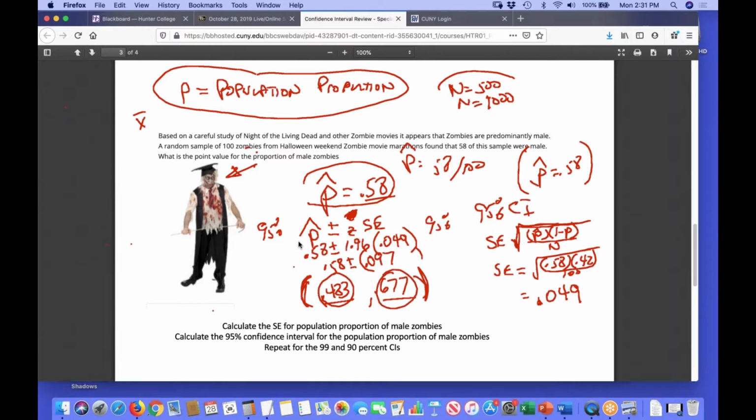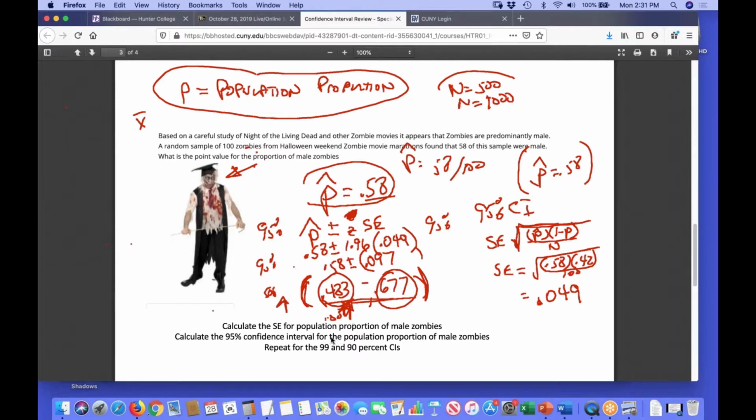So I'm not really 95% certain that it can't be 50%, because 50% is within the interior of this confidence interval. It could be 50%. The only way I would be more than 95% sure that it isn't is if 50% were outside the confidence interval. So in this case, my confidence interval doesn't allow me to say with 95% certainty that the true population proportion is different than 50%.